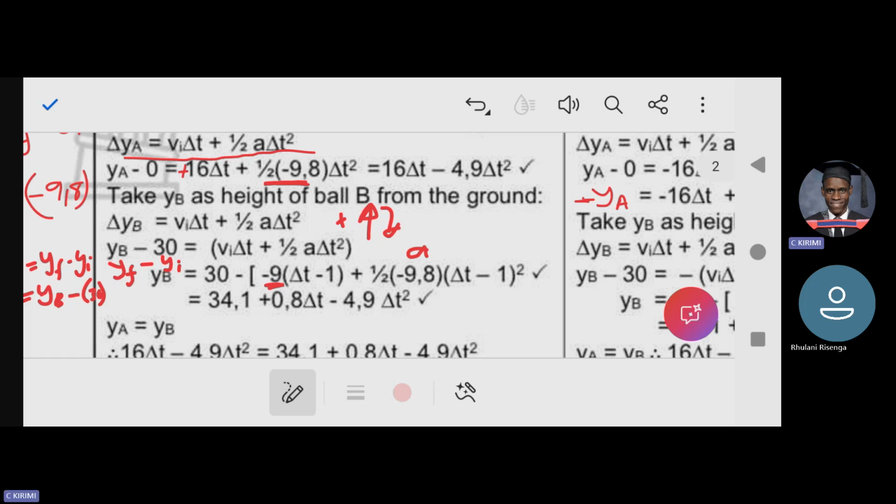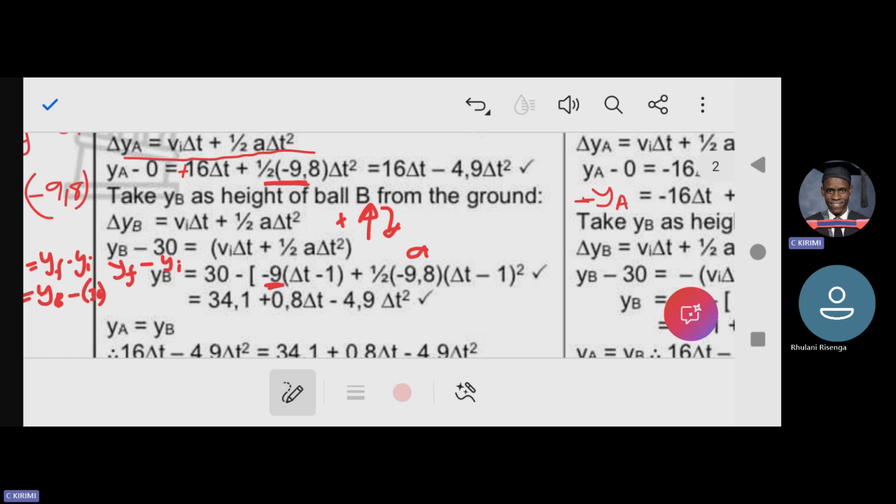Everything is sorted there, -9. So the 30 comes to the right, becomes 30. And this t minus 1, it was completion of square.